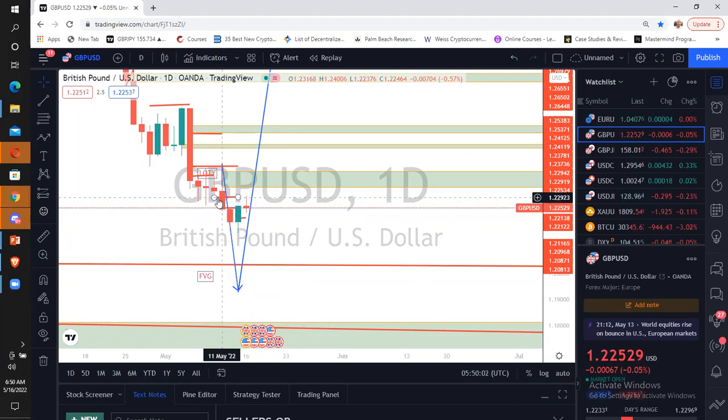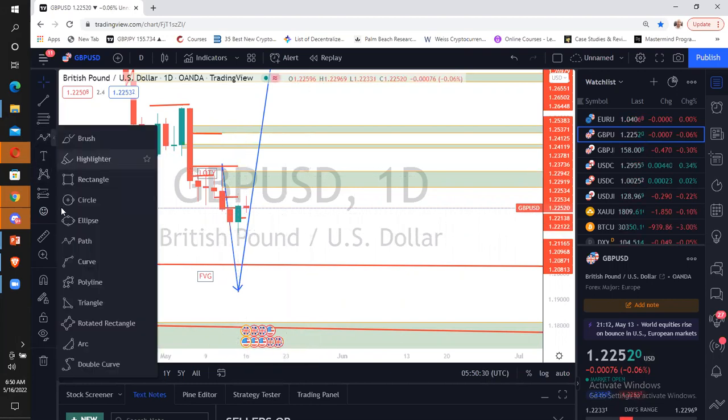Now, in between this level here, and here, that is a gap, an FVG. So before this happens, you should be expecting to trade into this FVG to close it. Yes, which it has done. And flush down below this level.